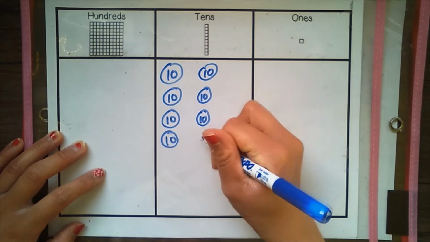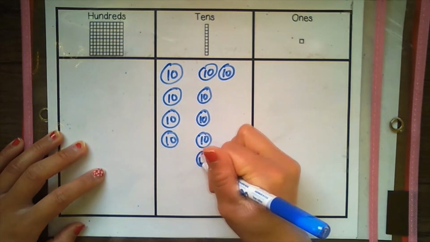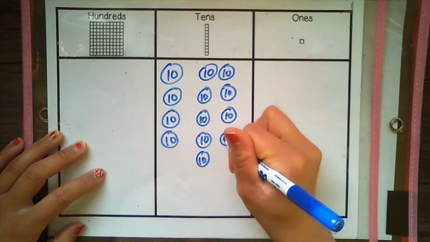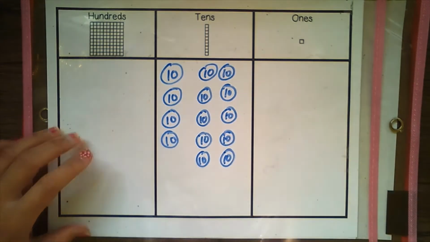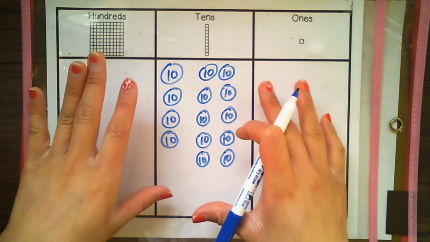And I'm going to set that up using our 10 frame or our 5 groups. Great. What discs did we use this time? We used tens, and specifically we used 14 tens.